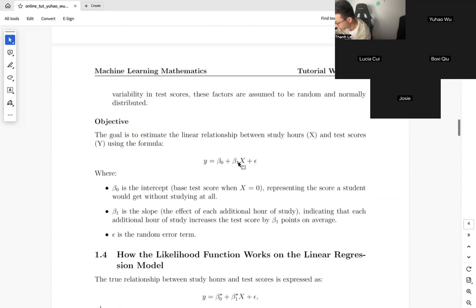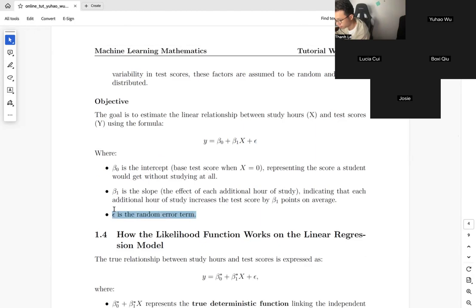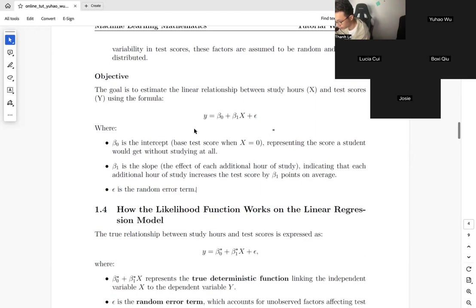We think our studying hours and the test score come from a linear regression. Beta 0 and beta 1 are the two parameters in this linear regression, and the epsilon covers some unmeasured factors. It's a random error term.